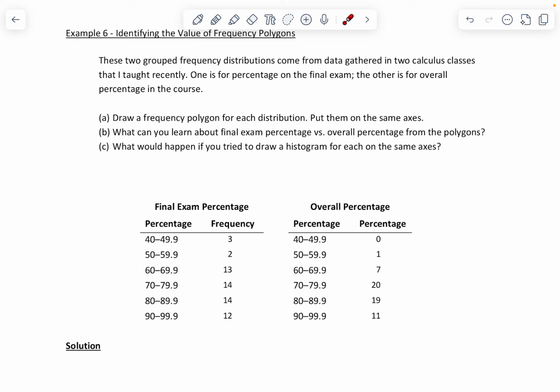The other is for overall percentage in the course. It says to draw a frequency polygon for each distribution, put them on the same axes. What can you learn about final exam percentage versus overall percentage from the polygons? What would happen if you tried to draw a histogram for each on the same set of axes?